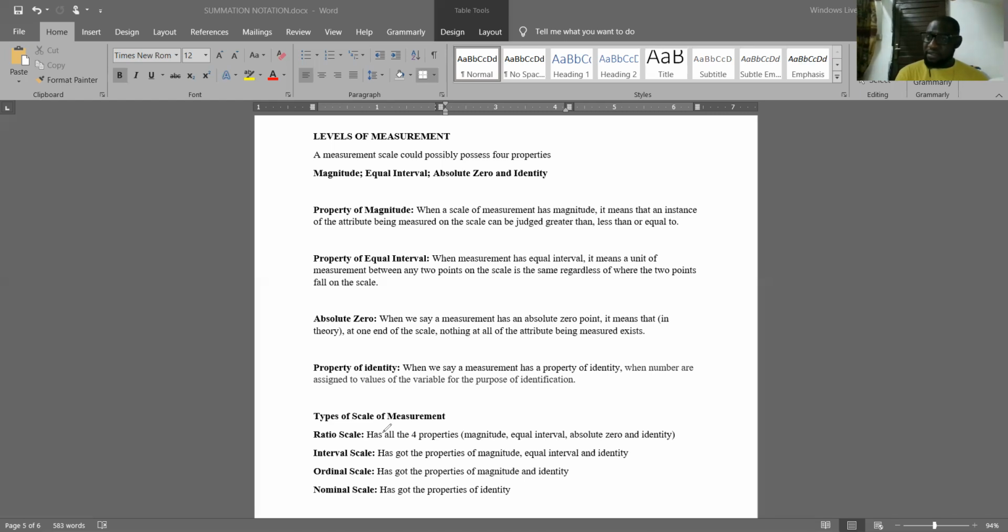And apart from temperature, all the psychological constructs also fall under interval. Because when we say zero anxiety, nobody can say, oh, I have zero anxiety, I don't have any anxiety in me. Nope.